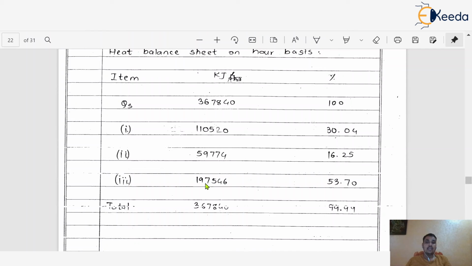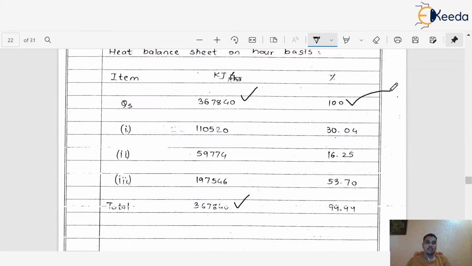If you observe, this is for indicated power, this is for the cooling water, and this is for the total heat unaccounted, and this percentage is higher than both the other percentages. If you make the summation of 30.04, 16.25 plus 53.70, it will come 99.19%. And if you make the summation of 110520 plus 59774 plus 197546, that would come 367840, and both these terms are equal to each other.